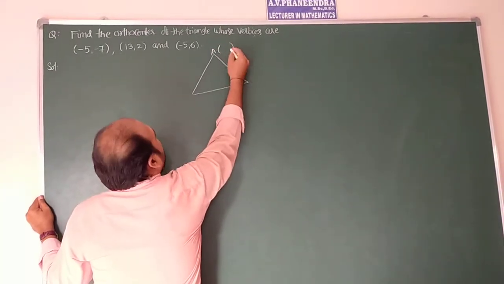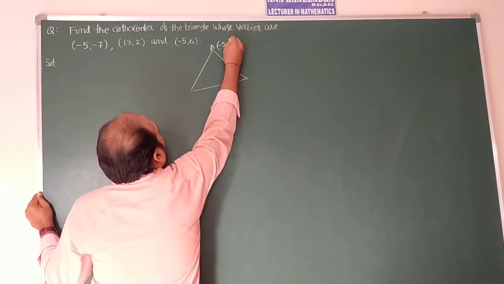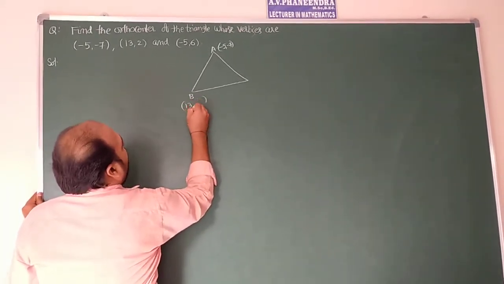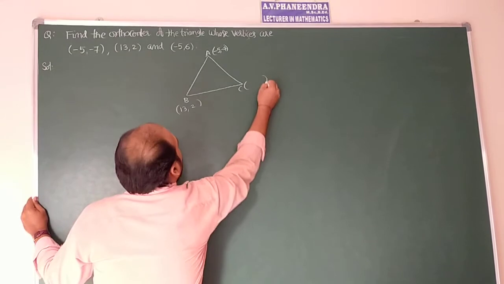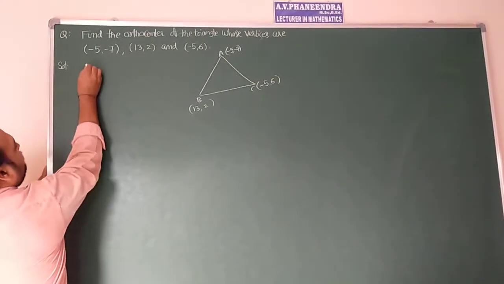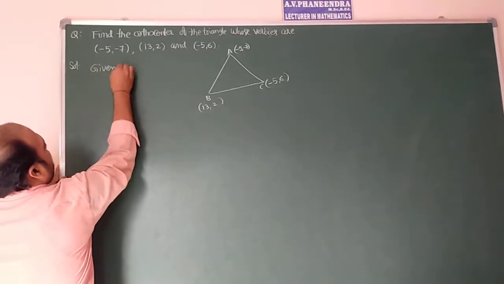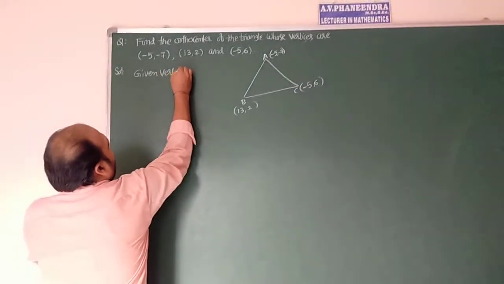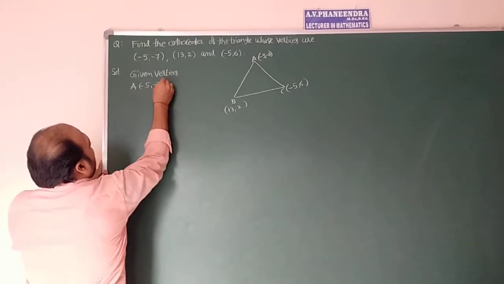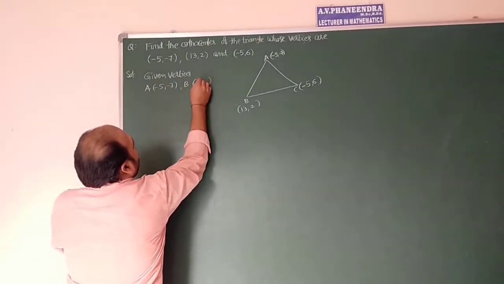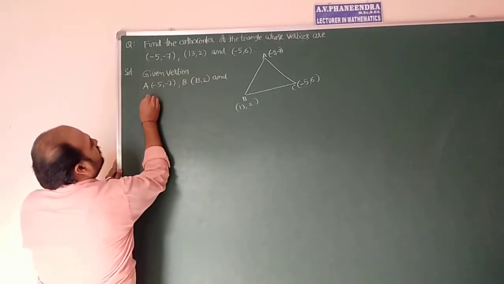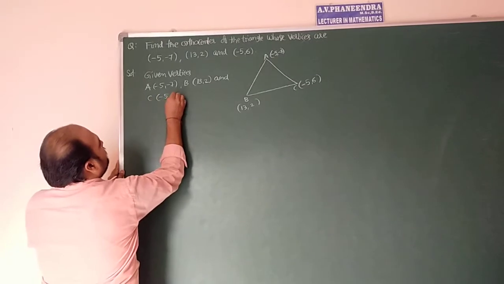First point you take as A (-5, -7), B point (13, 2) and C point (-5, 6). These are the given vertices. First step you have to write like this. Given vertices of a triangle: A (-5, -7), B (13, 2) and C (-5, 6).